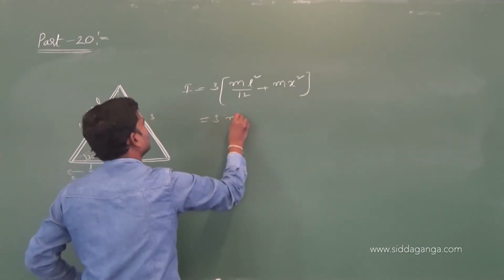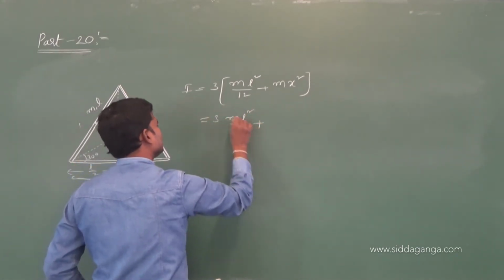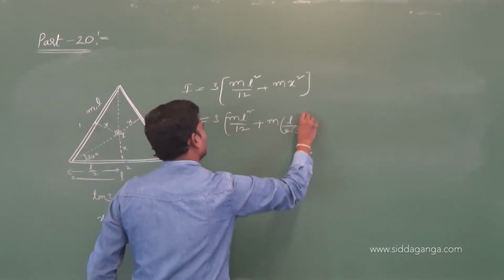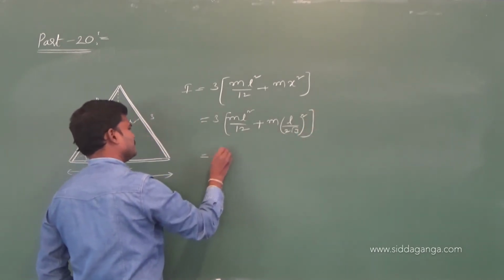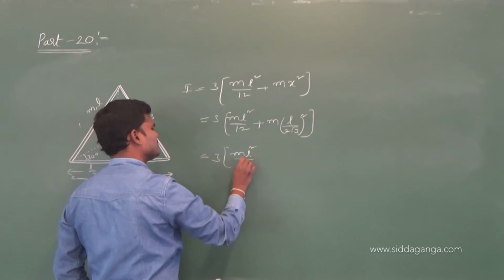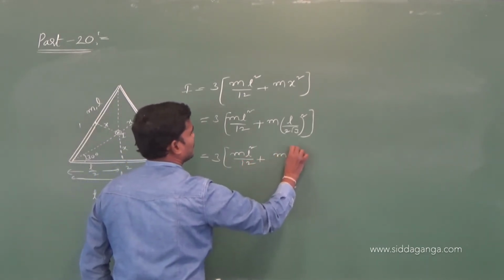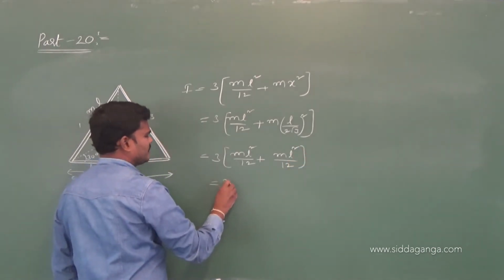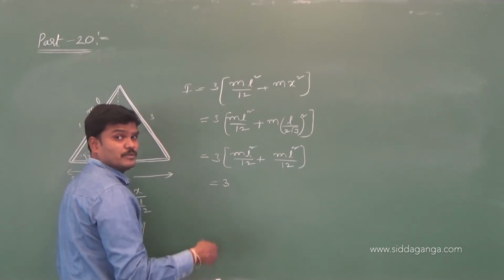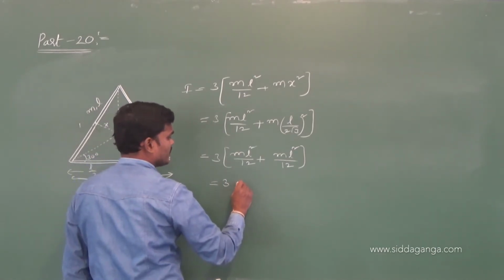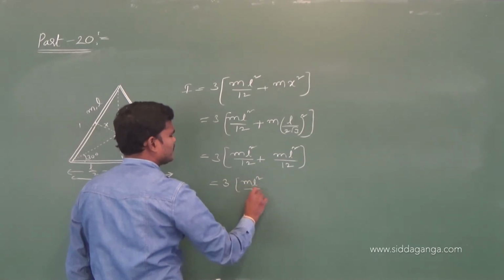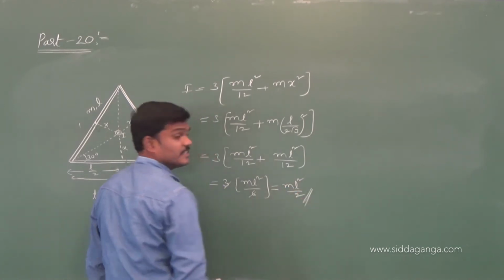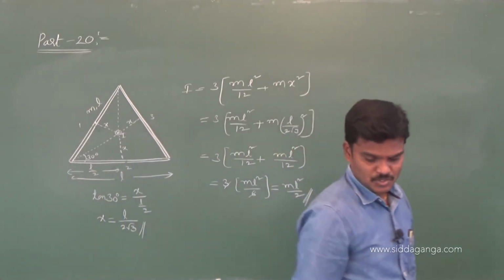So 3 times m L square by 12, plus 3 times m L square by 4 into 3 by 12, which gives m L square by 6, and then I am getting the answer m L square by 2. Verify the calculations.